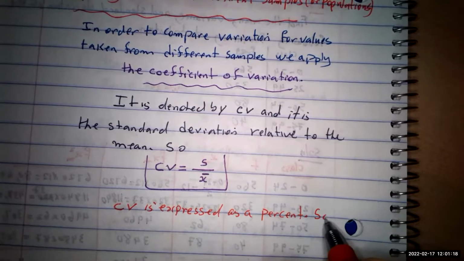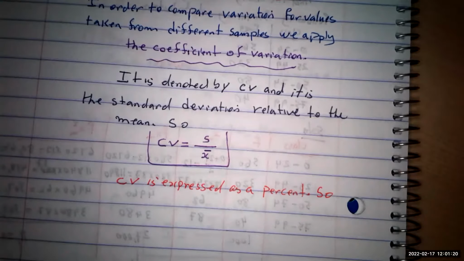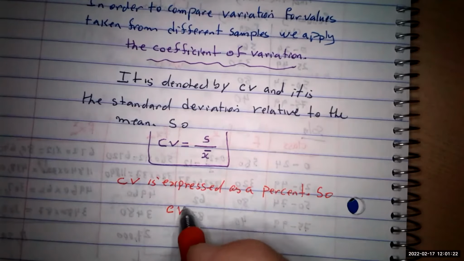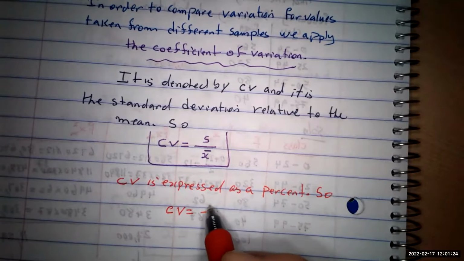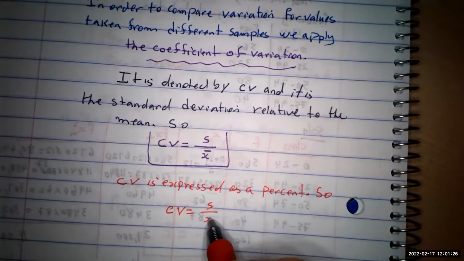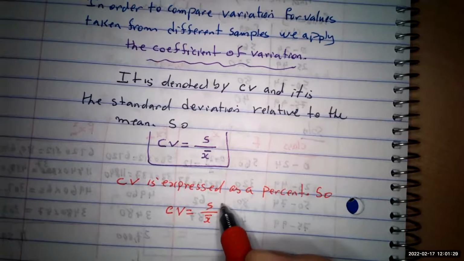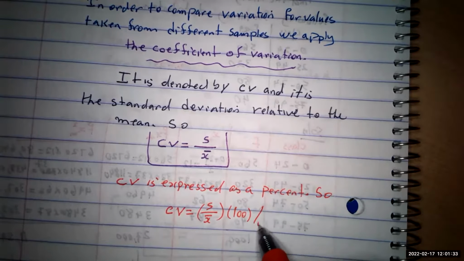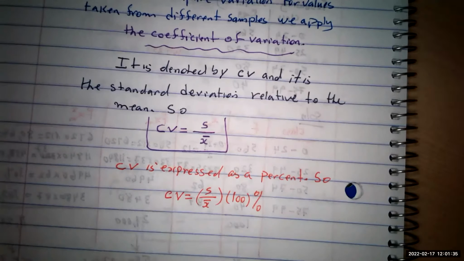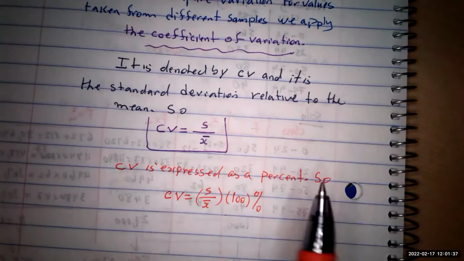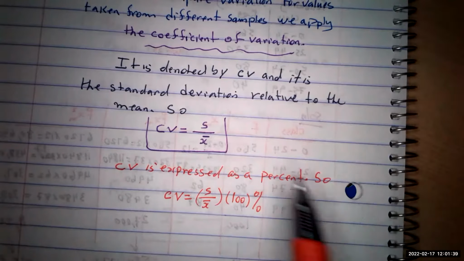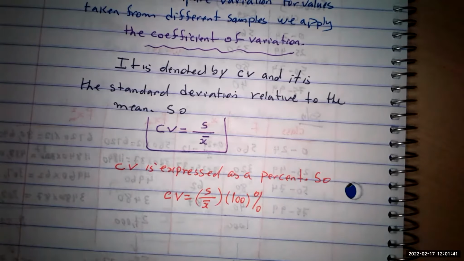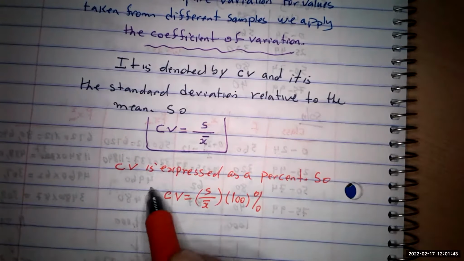So if you like the version of your book, CV is S over X bar, and they multiply by 100 and then add the percent sign. It's the same thing. It's going to be a decimal number; move the decimal twice to the right, and it's percent. So this is how you see it in your book.